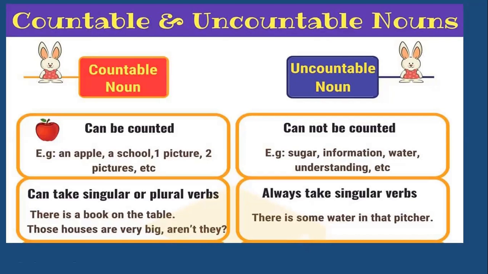There is some water in that picture. picture سابع اللي هو الجرة أو الإبريق. Okay, so you can notice that here there is some water, بعض الماء. لكن because it is uncountable we use استخدمنا singular verbs.